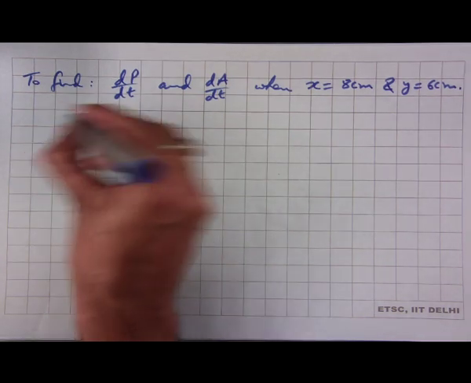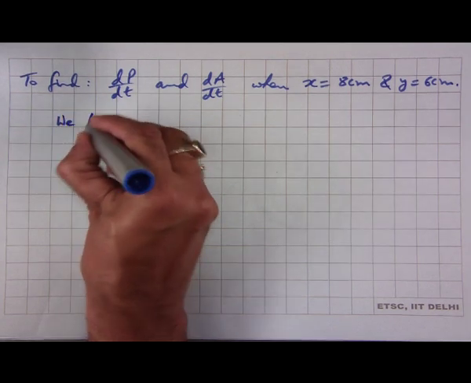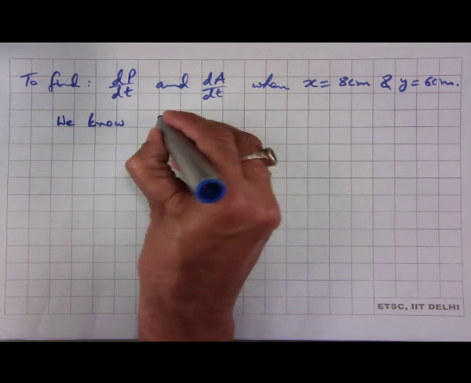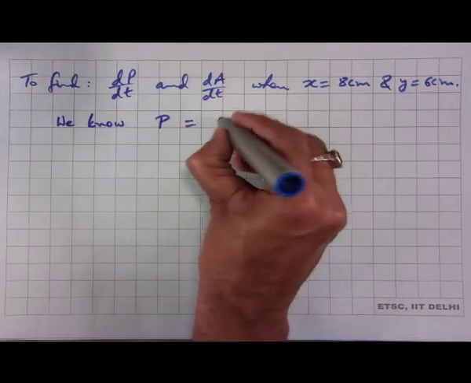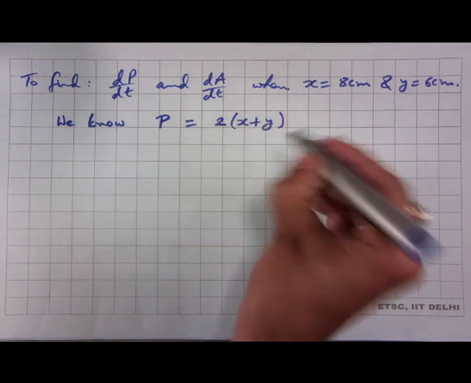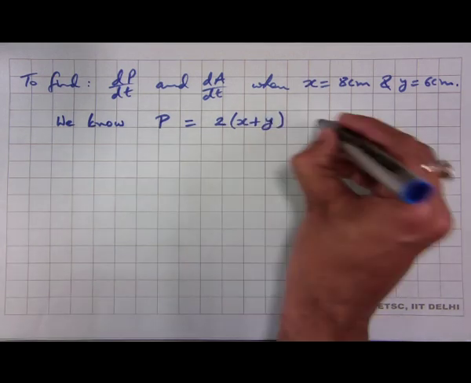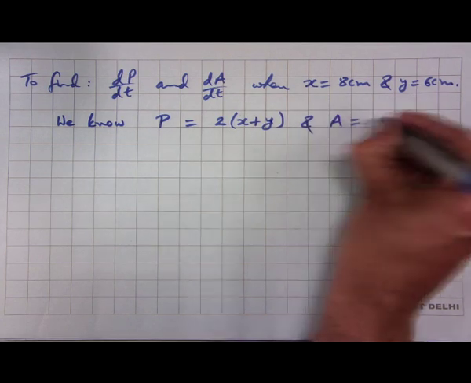So, what we know is that the perimeter is equal to 2 times x plus y, 2 times the length plus width, and area is x times y.